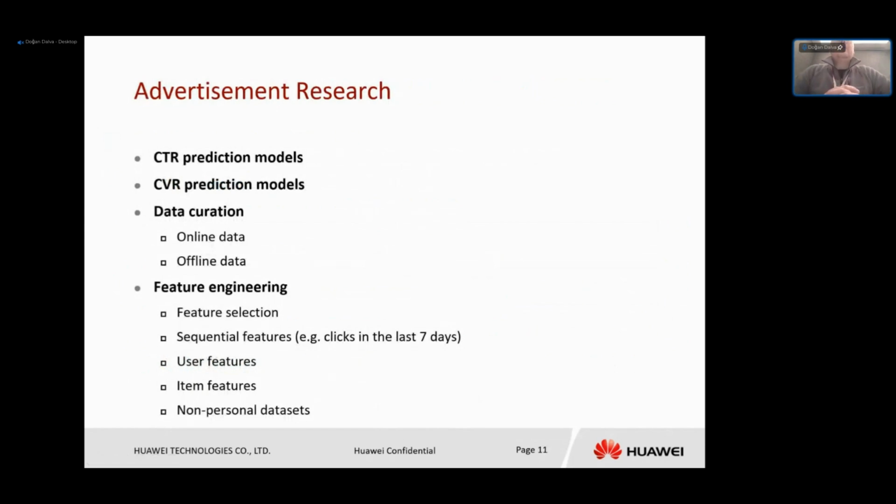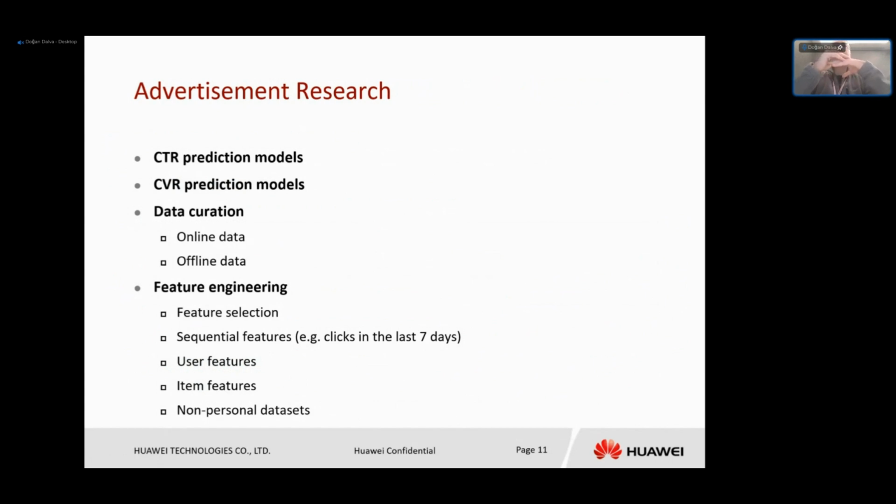In our research lab, we try to build CTR prediction models and CVR prediction models, which is a very similar task, but the models and parameters and their configurations can differ. And we also work on data curation. We gather and store online datasets, user interactions from the online websites, and store them as offline data and run experiments on them.